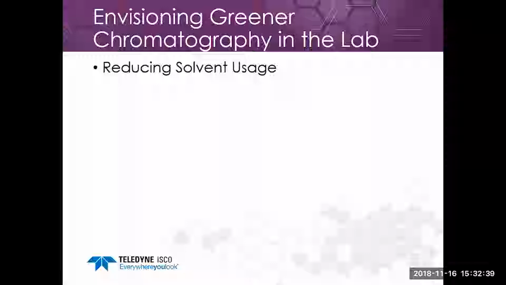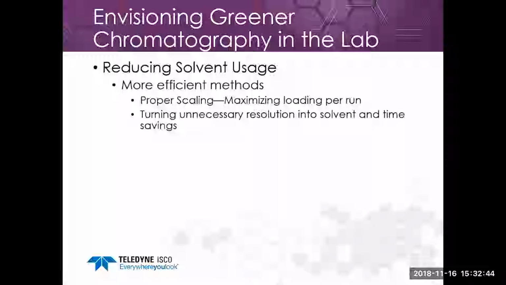One of the main things I think is reducing solvent usage. We do that through more efficient methods and proper scaling, making sure that we're using the appropriate column for the scale of the amount of compound that we need to purify. Make sure we're maximizing the loading per run and not wasting added resolution for no reason.